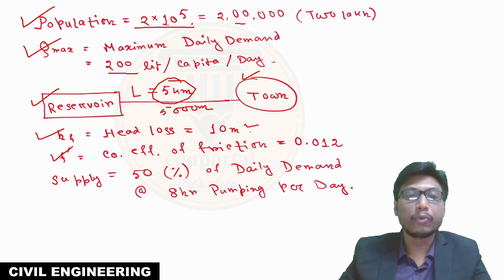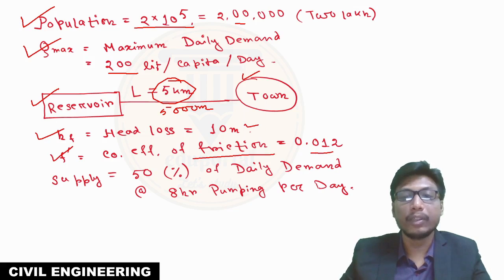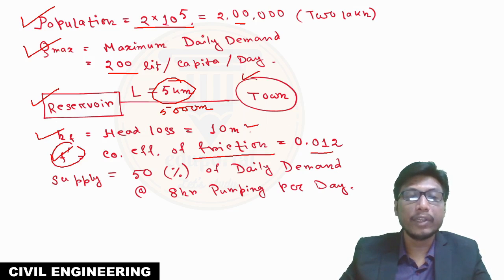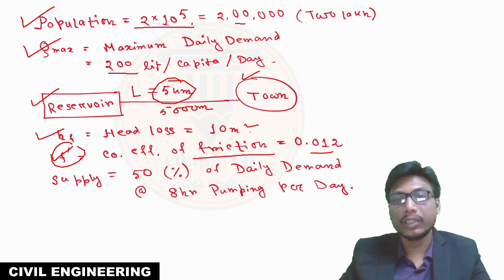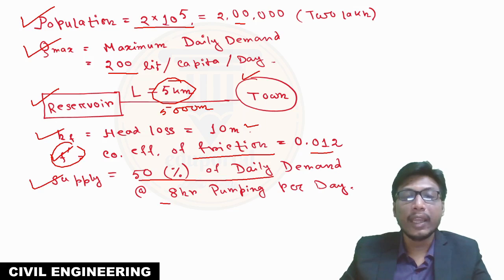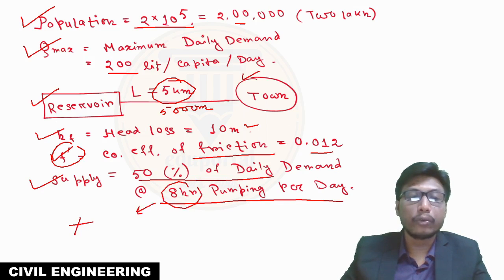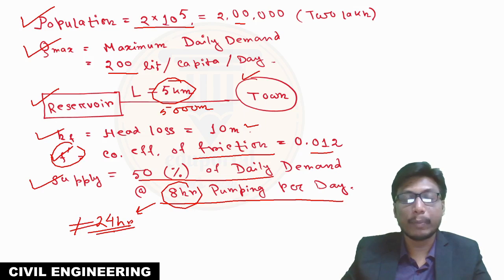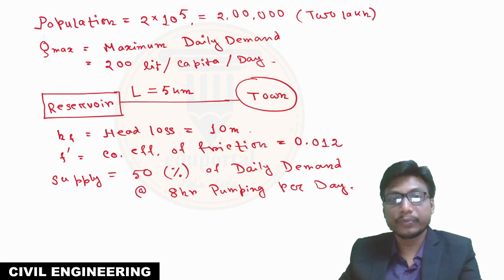F dash is the coefficient of friction, 0.012. Be careful, it's given as the coefficient of friction, not the friction factor, which we will discuss later. The supply is 50% of daily demand at the rate of 8-hour pumping per day. This is important: not 24 hours of pumping, most students make a mistake here. It should be 8 hours of pumping. Now let's move to the solution.